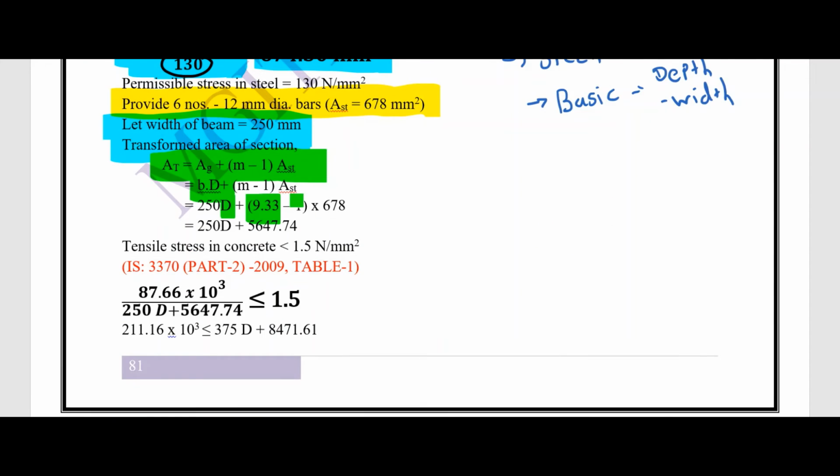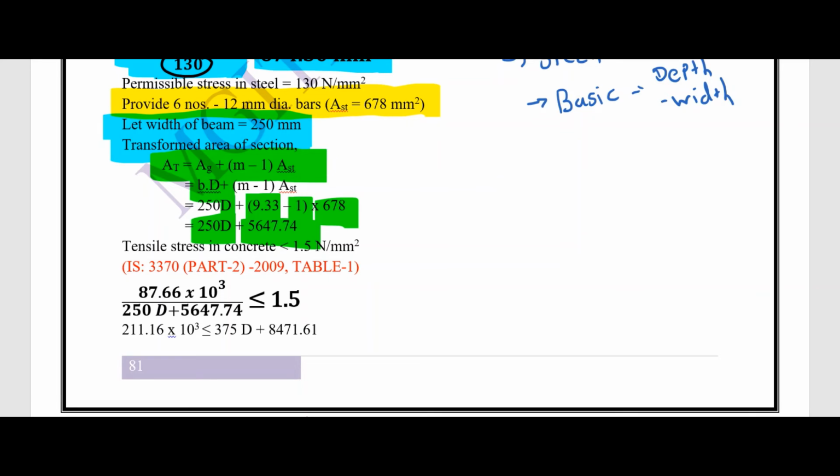AST is 678, right? So 250 into D plus 47.74 is the equation for AT equal to AG plus (M minus 1) AST.